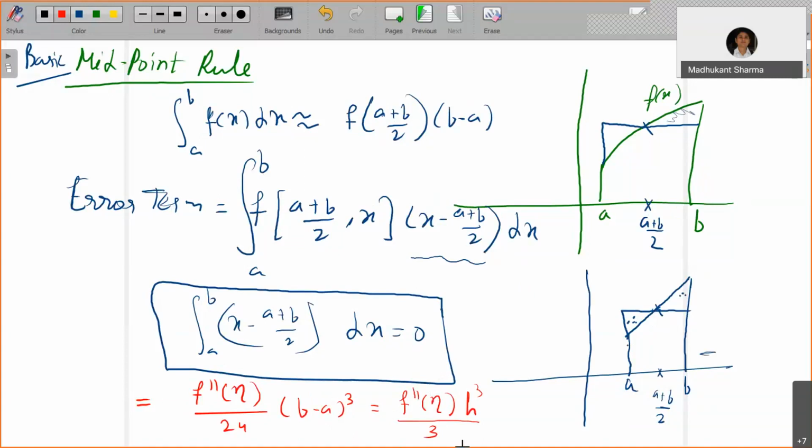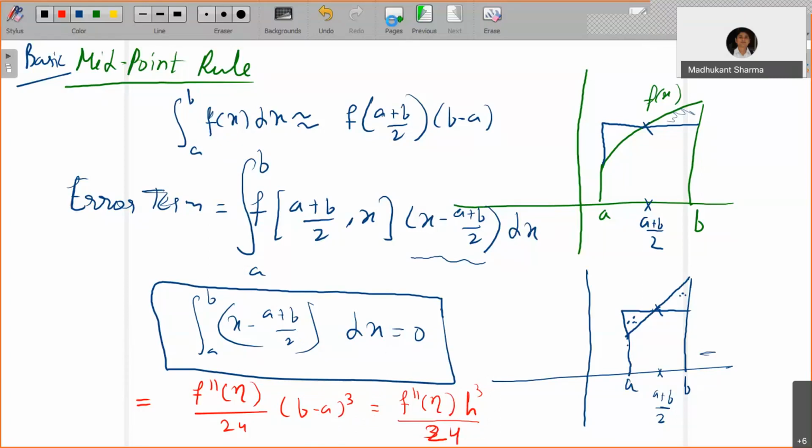Now similarly you can go with the composite midpoint rule, and there you will see one h will reduce. Here h is only b minus a, h cube by 24.